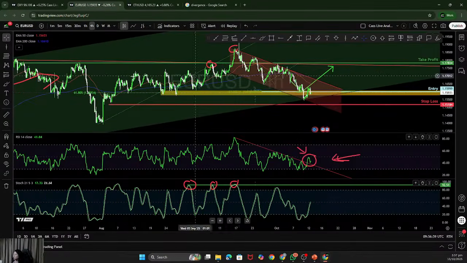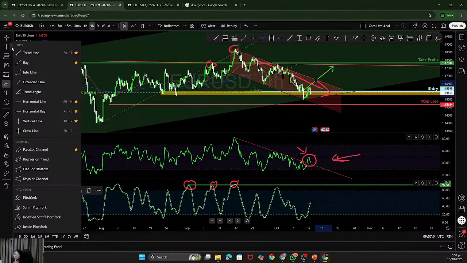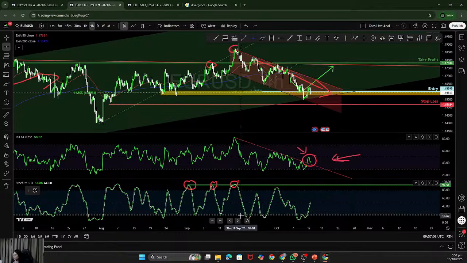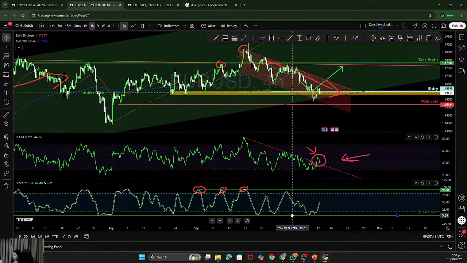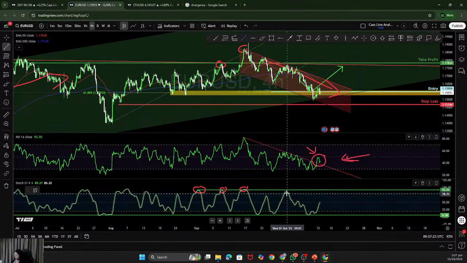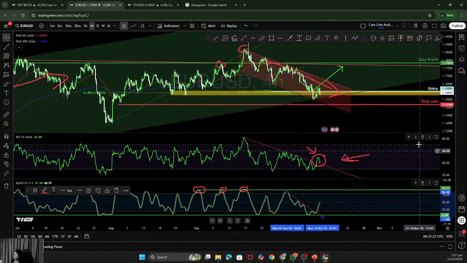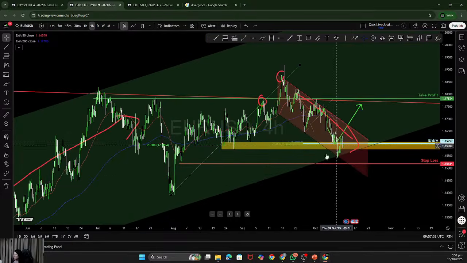Price is going down here, but on the oscillator, it's making horizontal levels. It's just going sideways. Okay, this could be a bullish, and also because there's this breakout happening here. So both RSI and stochastics are showing bullish divergence.